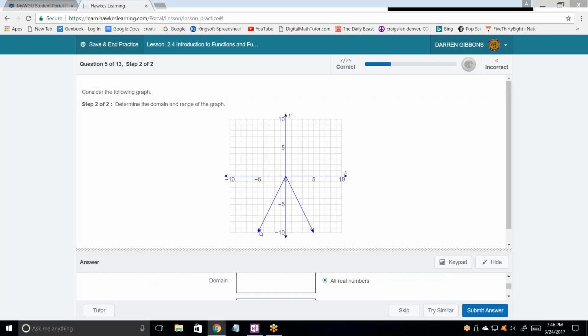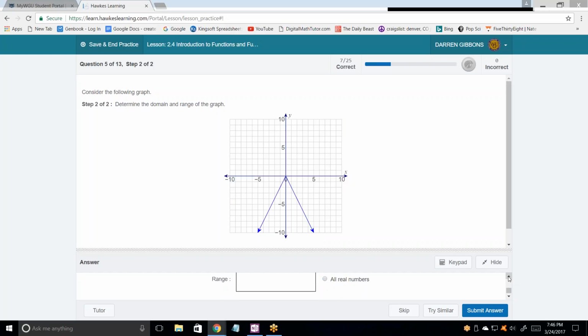In other words, when you're looking at domain, you want to be looking horizontally. You're not looking vertically. You're just trying to figure out what can x go to if I go all the way to the left, and what can x go to if I go all the way to the right. And you can see that eventually we'll hit negative infinity and positive infinity horizontally. So my domain is all real numbers.